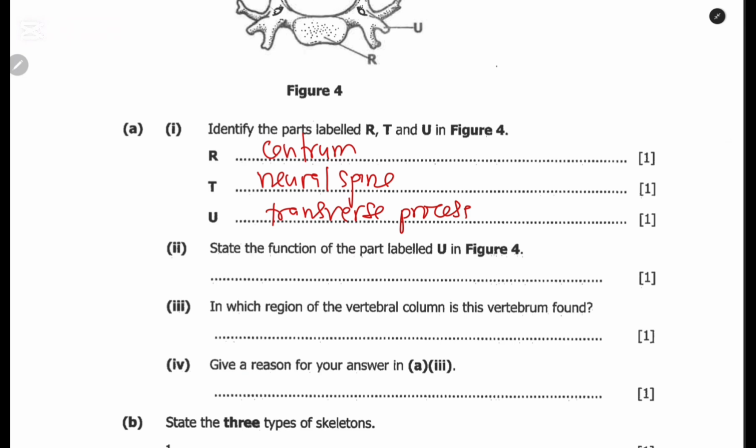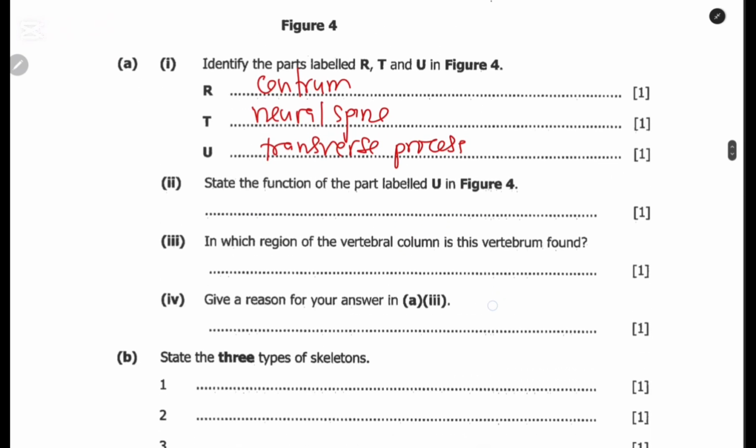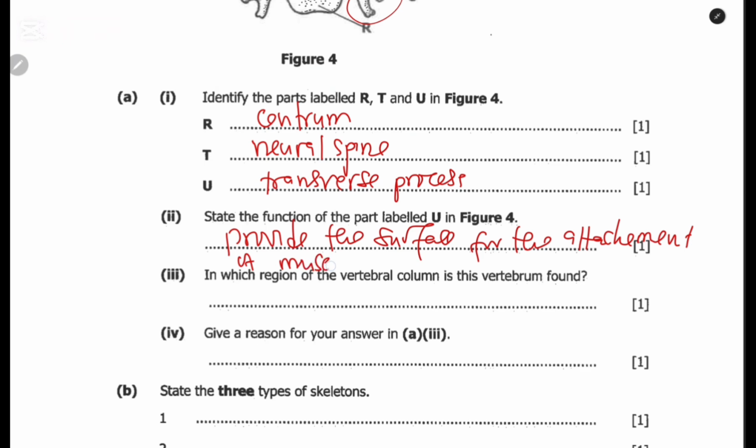Question 1b, state the function of the part labeled U. The part labeled U is this one. It provides the surface for the attachment of muscles.